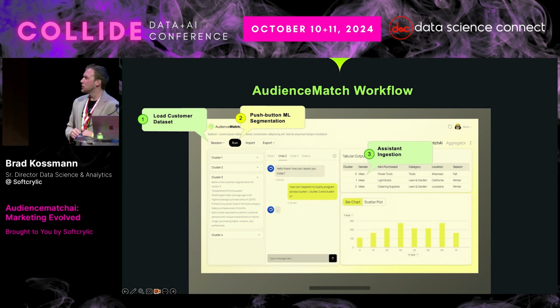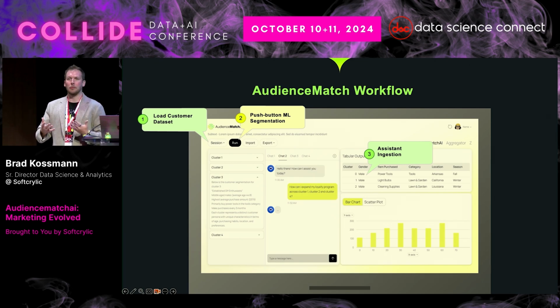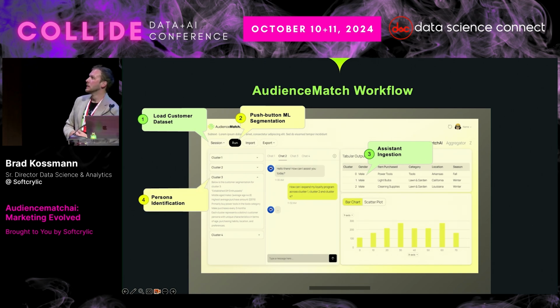Once the segmentation runs, the outputs of that segmentation are fed into an LLM, and the LLM ingests those and is then able to interact with you freely about strategizing, persona identification, and other things that are absolutely essential to the marketing strategy lifecycle.